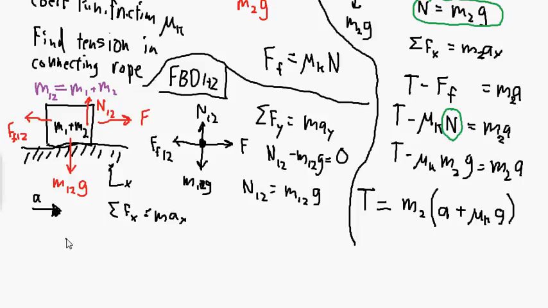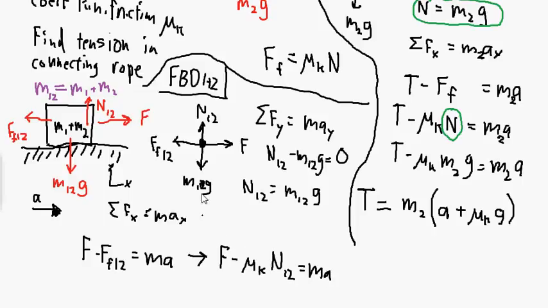That's F minus force of friction on 1 and 2 equals ma. And force of friction on 1 and 2 is mu_k times the normal force on 1 and 2. So what that gets us is F minus mu_k N12 equals ma.